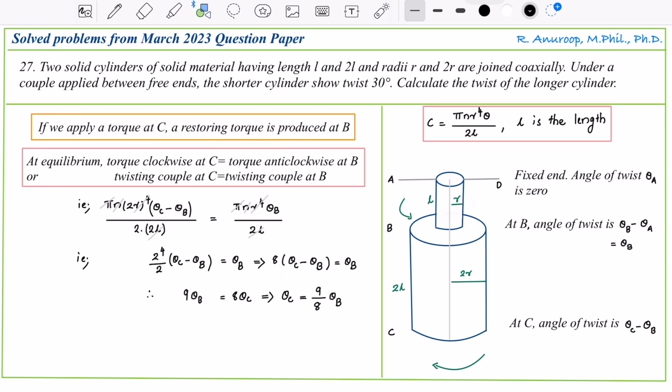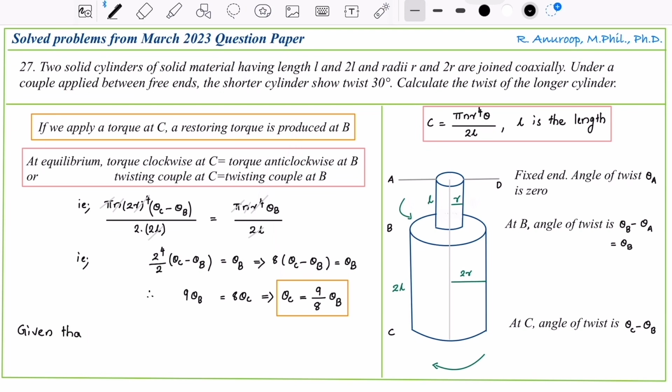Now what is theta C? Theta C is the twist of the longer cylinder and theta B is the twist of the shorter cylinder. It is given that the shorter cylinder is twisted by 30 degree. That means theta B is 30 degree.